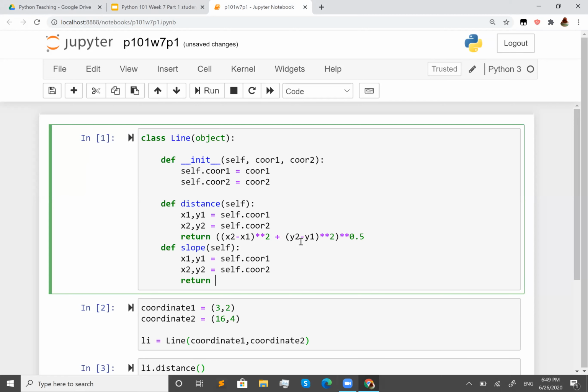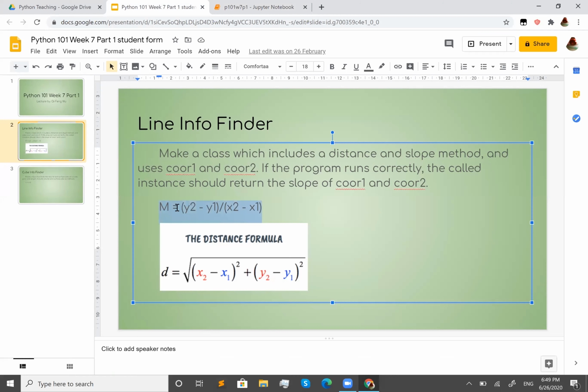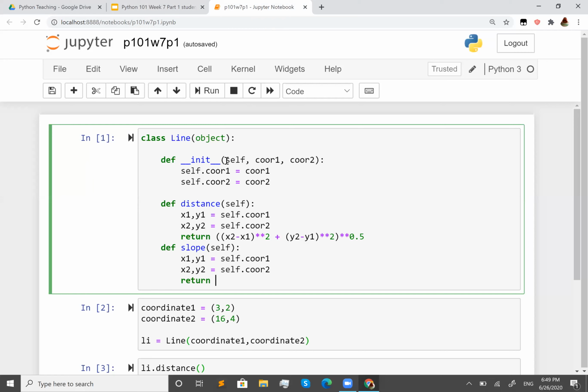Was it a formula you just showed? Yeah, the m equals that. So you're gonna write this whole thing, except for m and the equal sign.